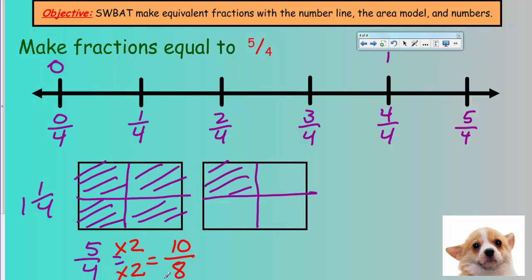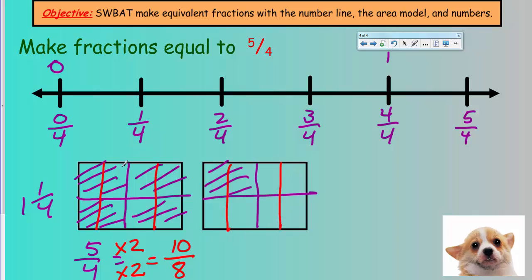So now we have 10/8. Well, here we could easily, because we're multiplying by 2, it's almost like you're doubling this. So if we would do this and this, so it was all equal pieces. 2, 4, 6, 8. Yeah, that works. And then we can do the same thing over here.